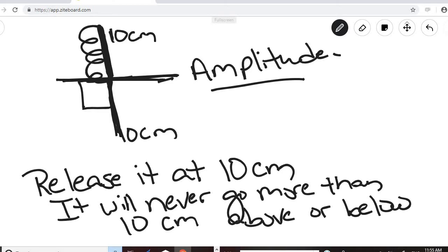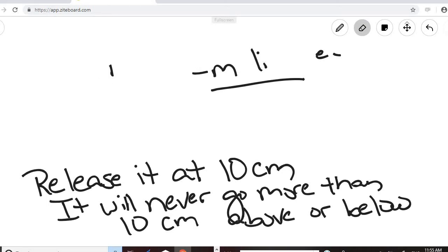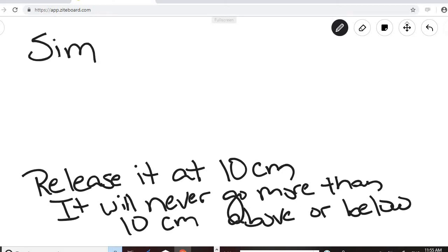So we have a term that we use to describe something in which the period doesn't depend on the amplitude, and that term is simple harmonic motion.